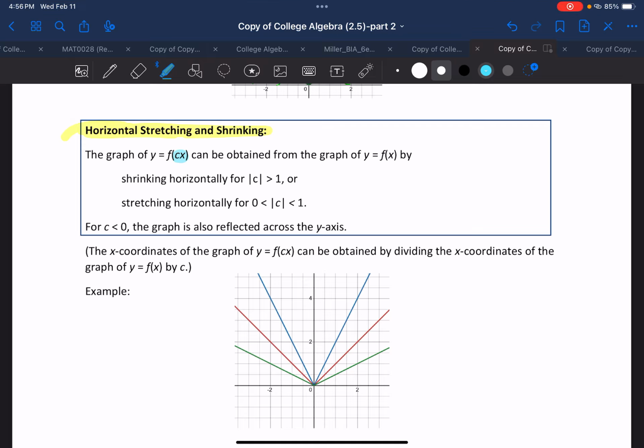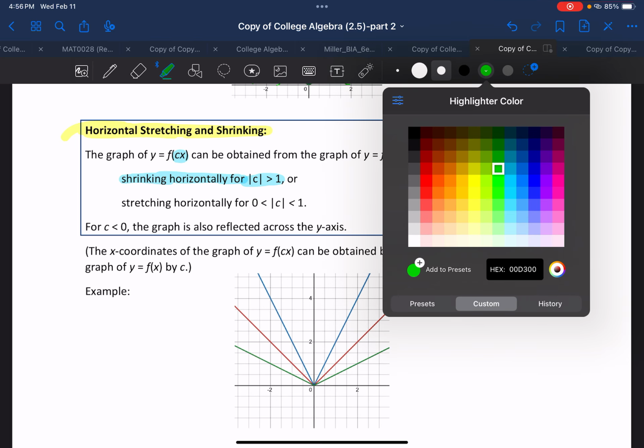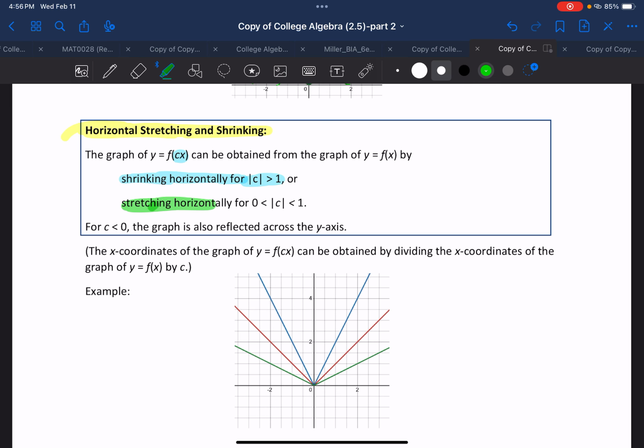It shrinks horizontally whenever the absolute value of that constant is greater than 1, so not a fraction. But it stretches horizontally whenever the absolute value of that constant is between 0 and 1.